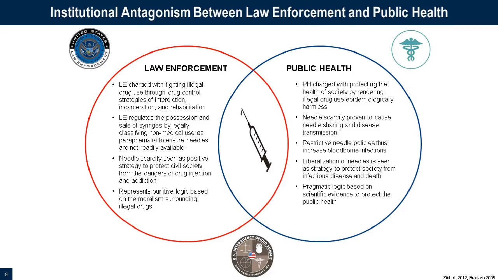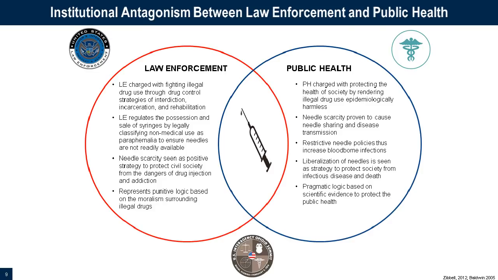Public health, on the other hand, is charged with protecting the health of society by rendering illegal drug use epidemiologically harmless. Needle scarcity was proven to cause needle sharing and disease transmission. With not enough syringes in the illicit market, people started sharing syringes as a vector for transmission. Restrictive needle policies thus increased bloodborne infections.